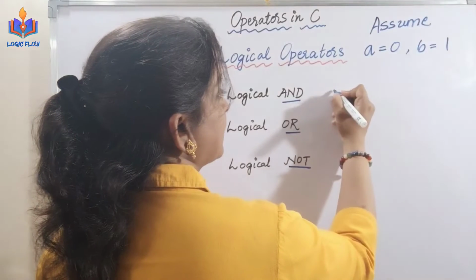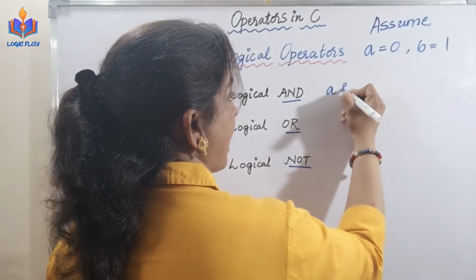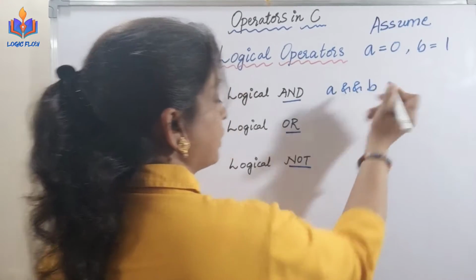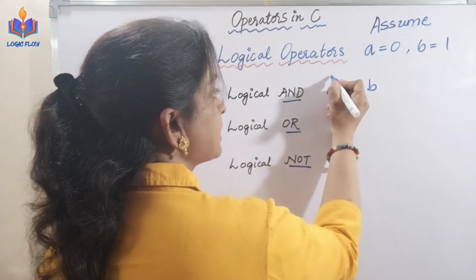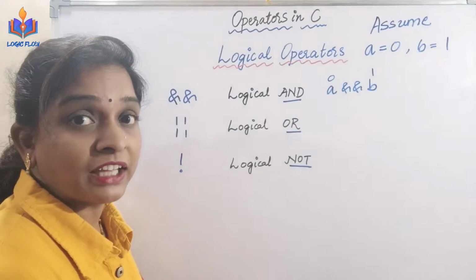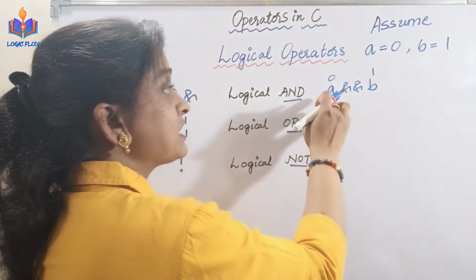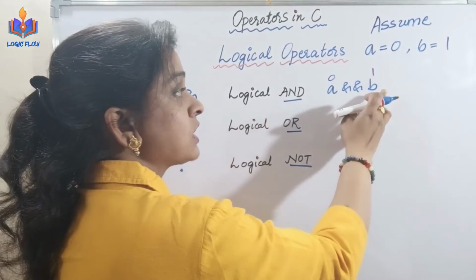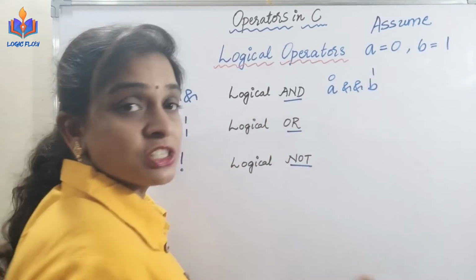Then I say A and B. A is 0 and B is 1. Here we are taking the Boolean values, so 0 means false and 1 means true.